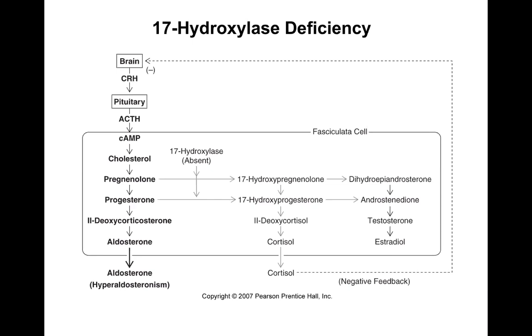So I repeat again, absence of glucocorticoid feedback to the brain results in enhanced ACTH production, and an enhanced production of the precursor molecule results in a higher level of aldosterone synthesis.